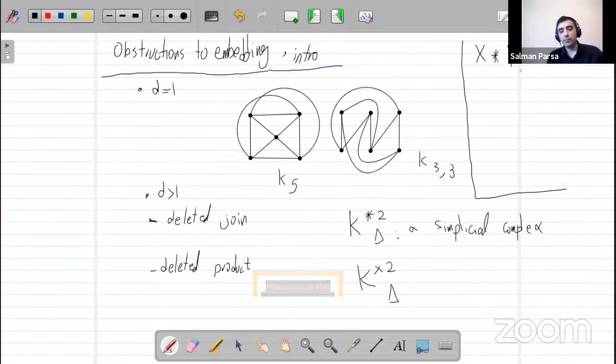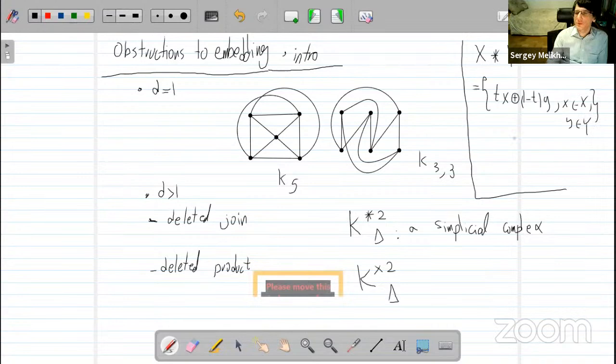This is famous. The join is the union of all line segments that we can form between these two spaces. You probably assume that X and Y are embedded into some Euclidean spaces, for example.